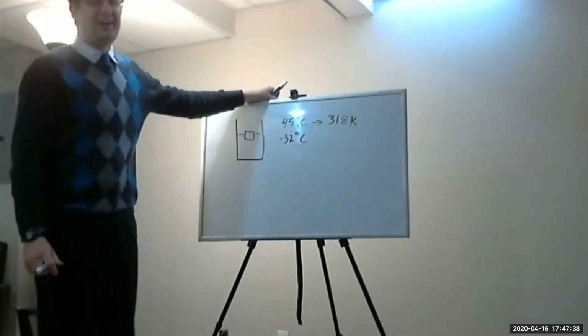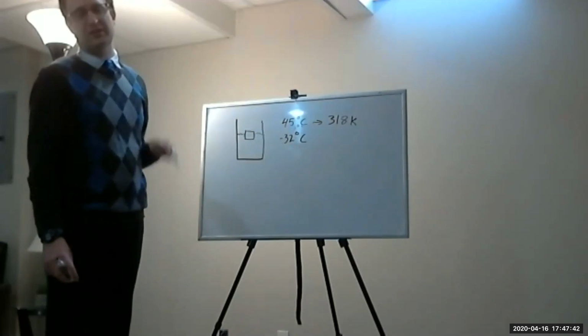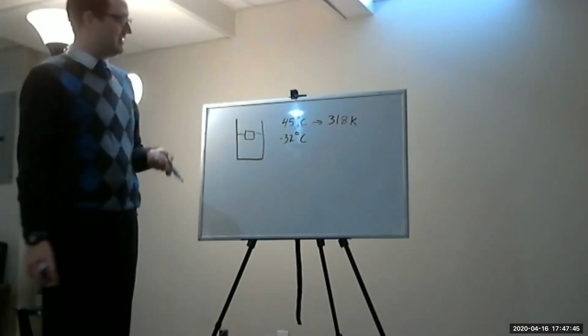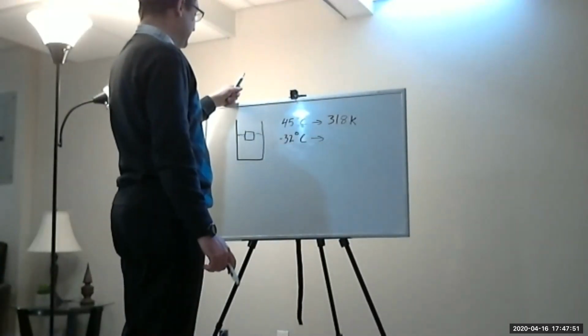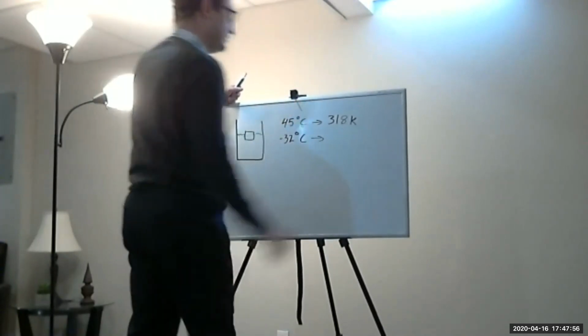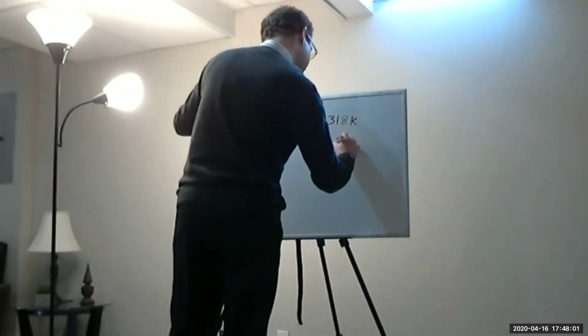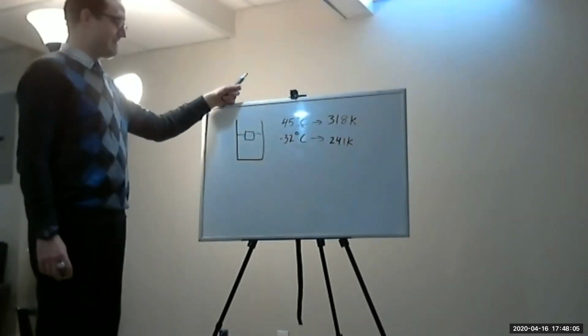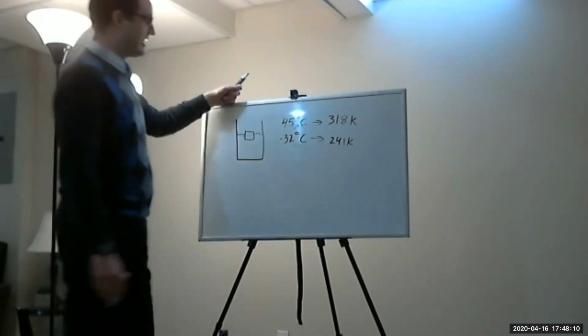Just note that I'm doing things in Celsius, so 32 degrees would be above freezing if we were dealing with Celsius. Okay, so 273 minus 2 gives me 1, 70 minus 3 gives me 4. So 241 Kelvin.